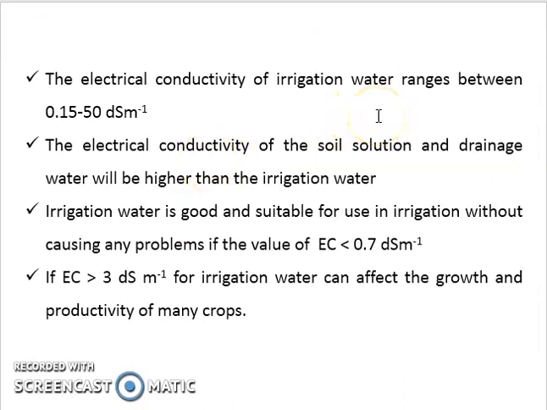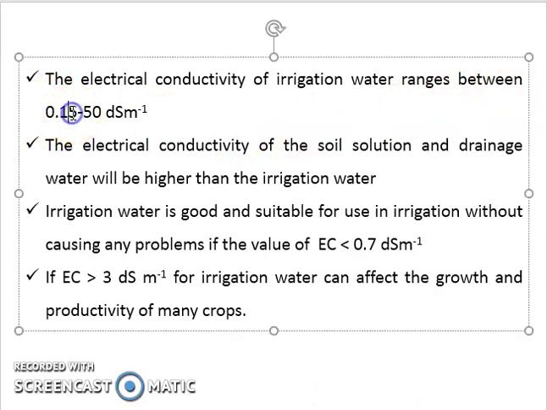The electrical conductivity of irrigation water ranges between 0.15 dS/m, which is fresh or rain water, and 50 dS/m, which is sea water. The electrical conductivity of the soil solution and drainage water will be higher than that of irrigation water due to evaporation and accumulation of the salt.